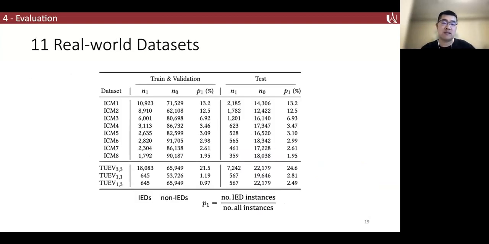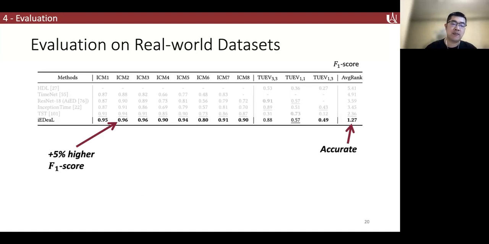We ran our experiments on 11 real-world datasets. Some of them are from the Paris Brain Institute, and some are from the Temple University Hospital. The imbalance ratio, the number of IED examples divided by all the examples, varies from 1% to 21%. First, we evaluate the accuracy of the model using the F beta score.